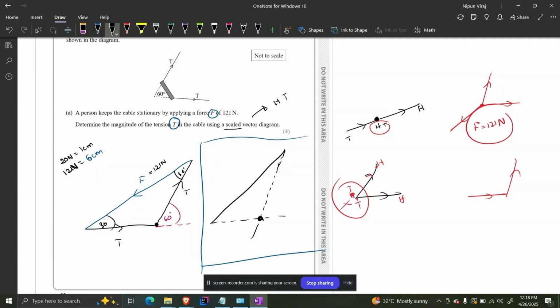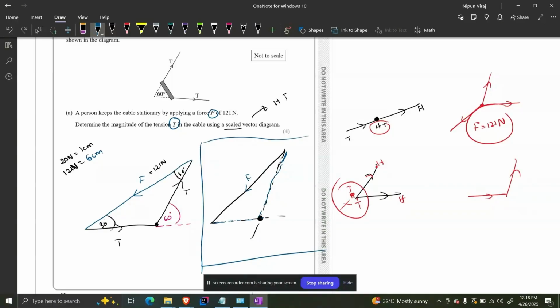And now at this point, we are just constructing a triangle, right? Don't think about tension and those things. We are just constructing a simple triangle. Before constructing the triangle, we got a small idea about how the triangle might look using our vector theory. Then you can complete the triangle.